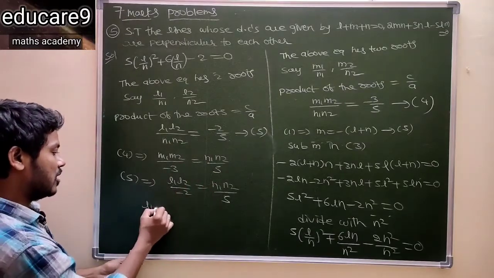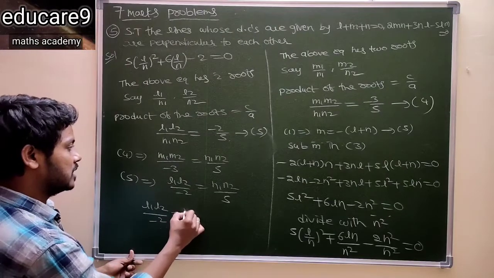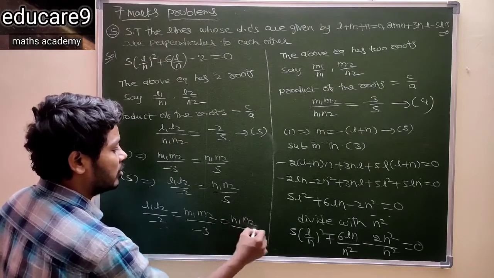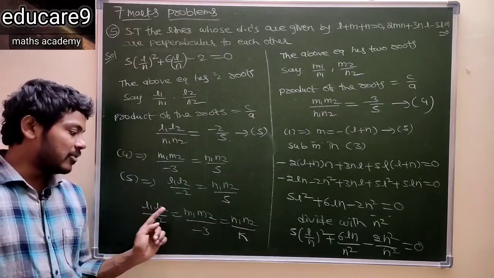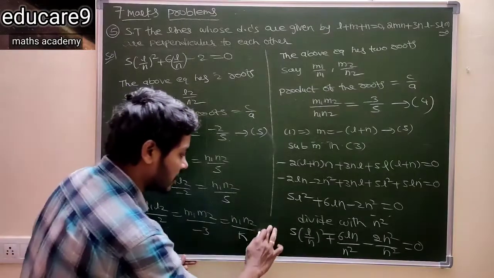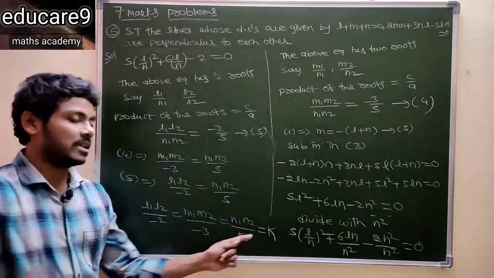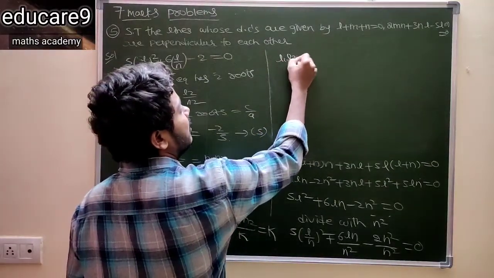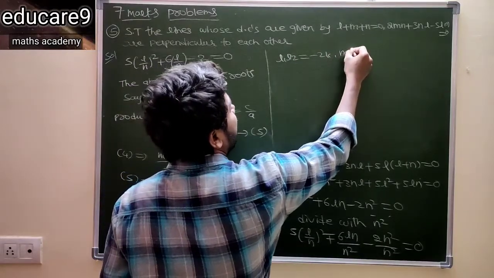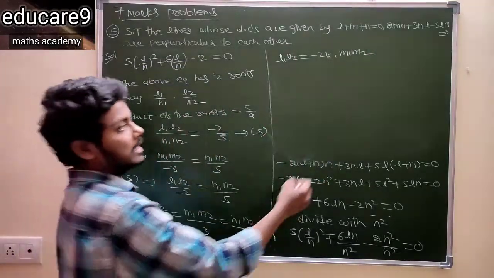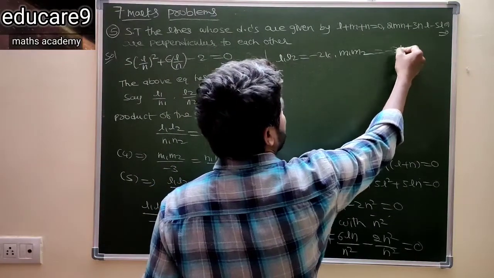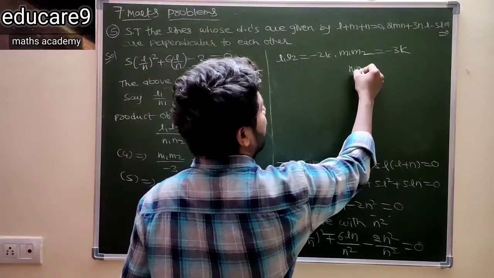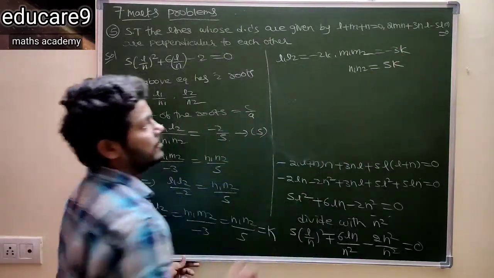That is l1 l2 by minus 2 is equal to m1 m2 by minus 3 is equal to n1 n2 by 5. Here you need to find l1 l2, m1 m2, n1 n2. For that, let us consider this value is k. Now clearly l1 l2 value is minus 2k, m1 m2 value is minus 3k, and n1 n2 value is equal to 5k.